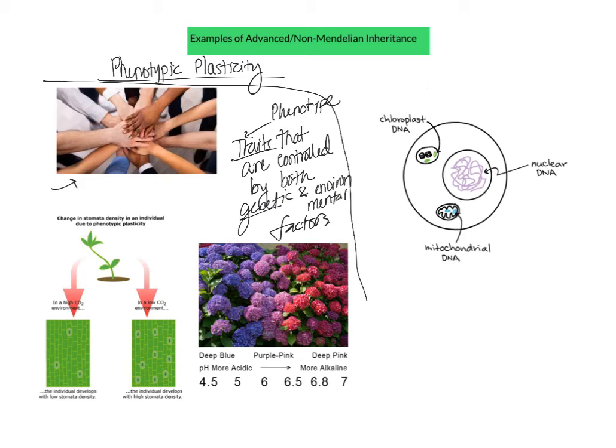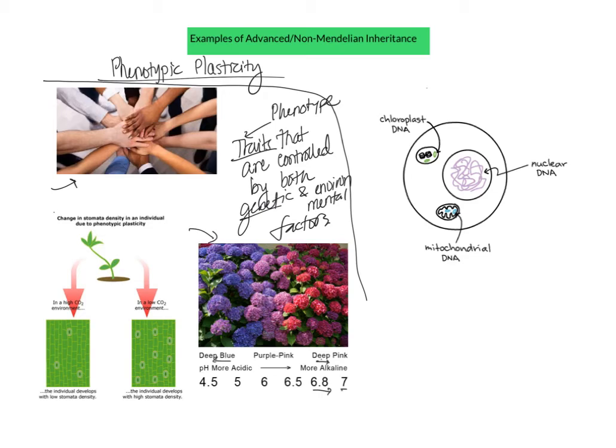What we also see this in is a particular type of flower called hydrangeas, and hydrangeas have this trait of flower color that not only is dictated by certain genes, but can also be affected by the chemistry of the soil, with more acidic soil compositions leading to more deep blue colored hydrangea flowers, and soils that have a pH closer to neutral or 7 having a pink or deeper pink color.